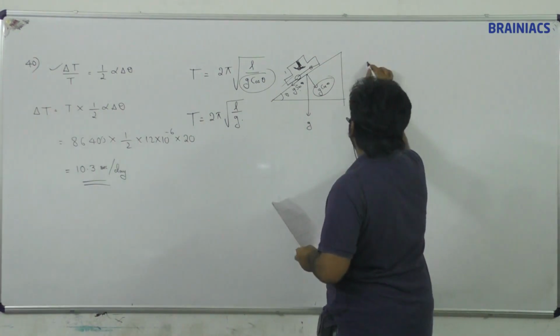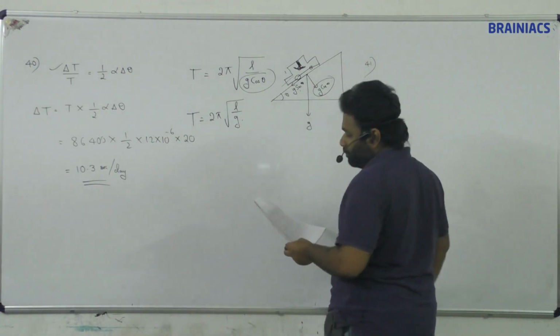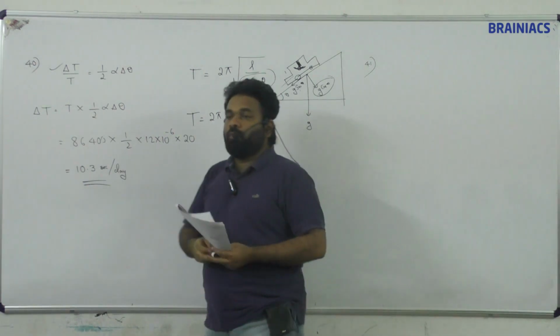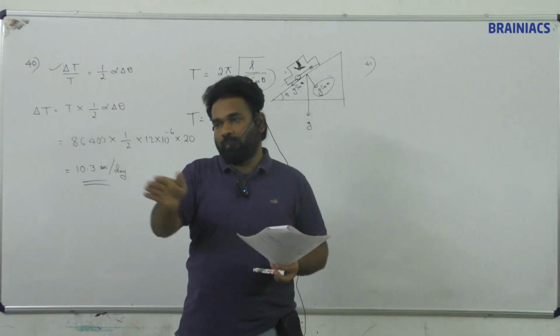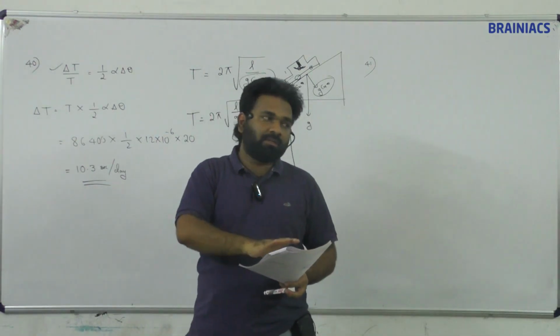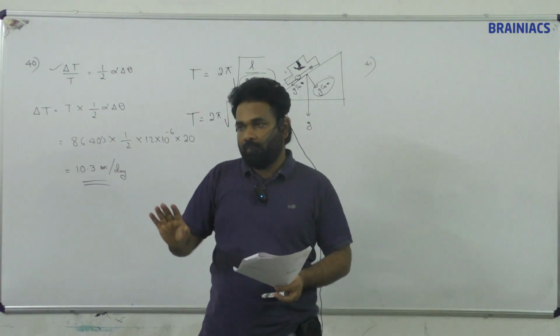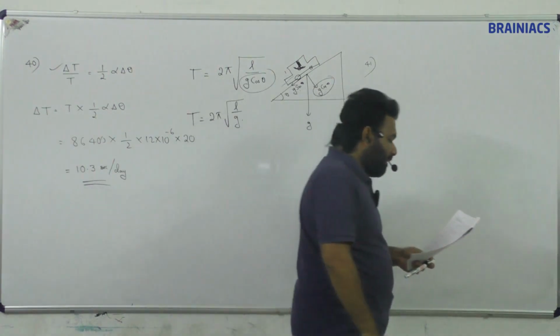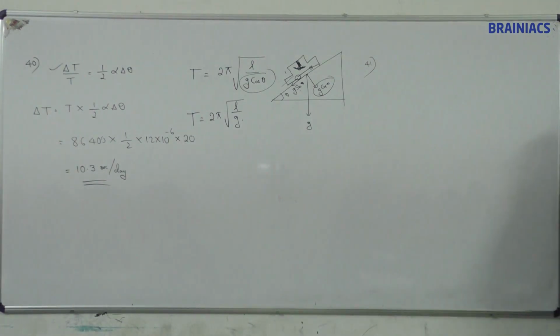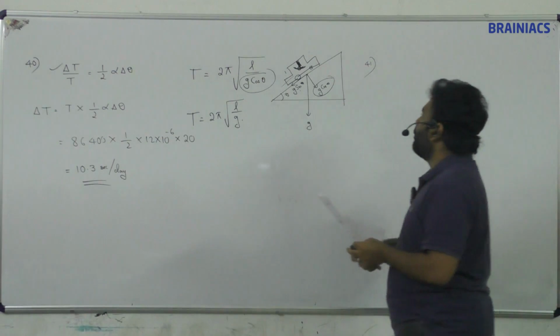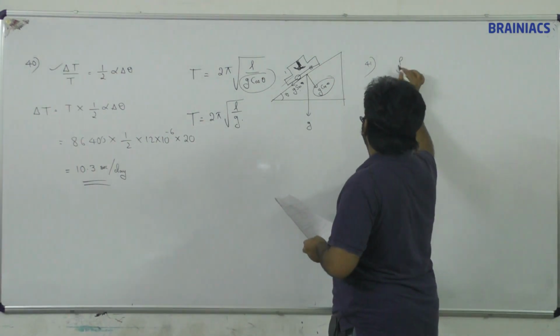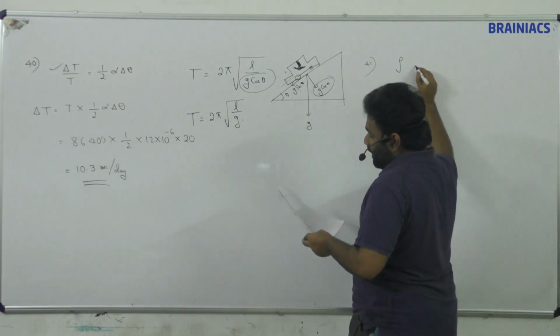Question number 41. If you know all those points, this discussion will be easy. The metallic bob of a simple pendulum has a relative density rho.